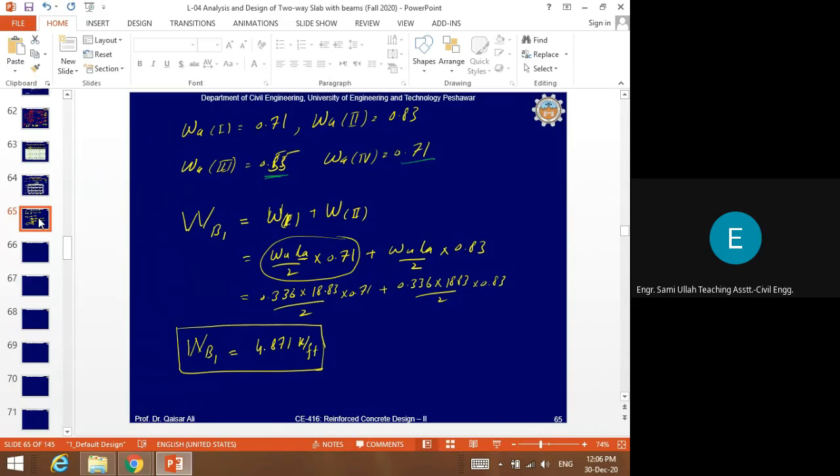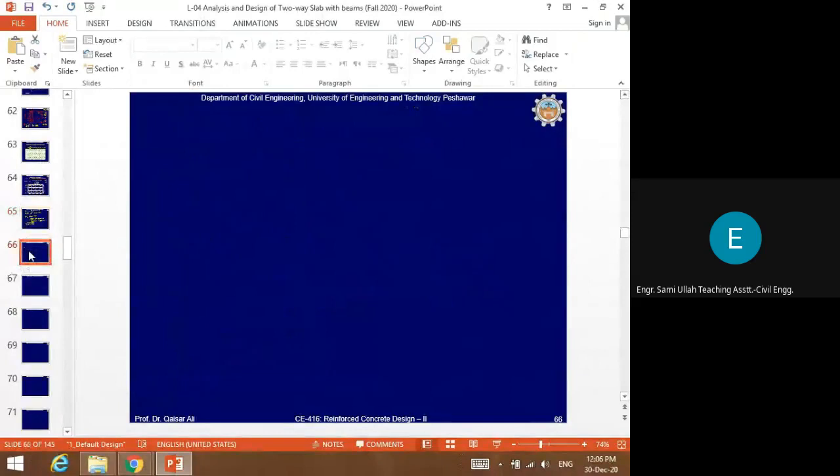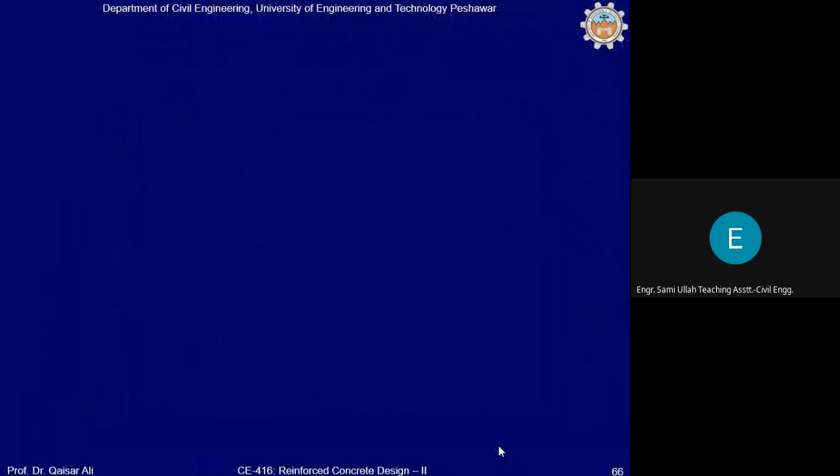So from these coefficients, we can also calculate the coefficient along the longer direction. These are very simple. WA for panel 1 is equal to 0.71.